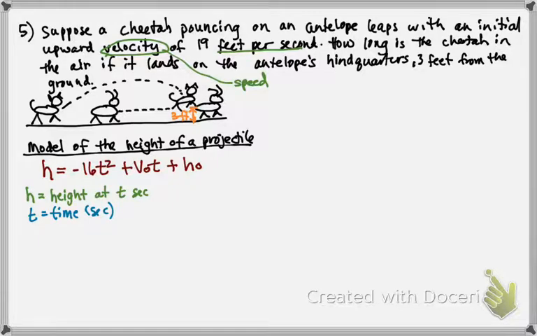Okay? If you remember that 19 feet per second, it said initial upward velocity. Okay, so that is what the v sub 0 is going to be, the initial upward velocity.